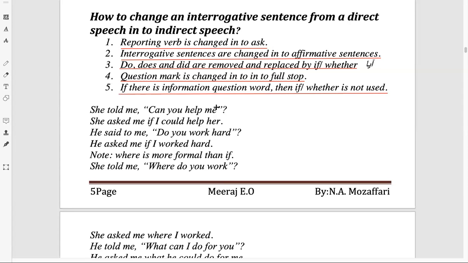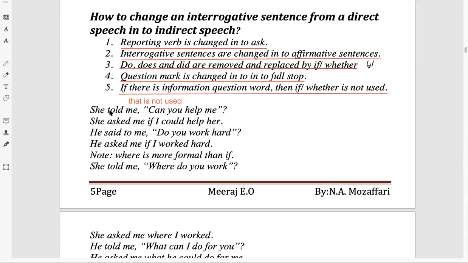And one more thing that I want to add here is that: that is not used. In other interrogative sentences that we have studied, we said that between reporting speech and reported speech you are going to use that, but here no need for that also.